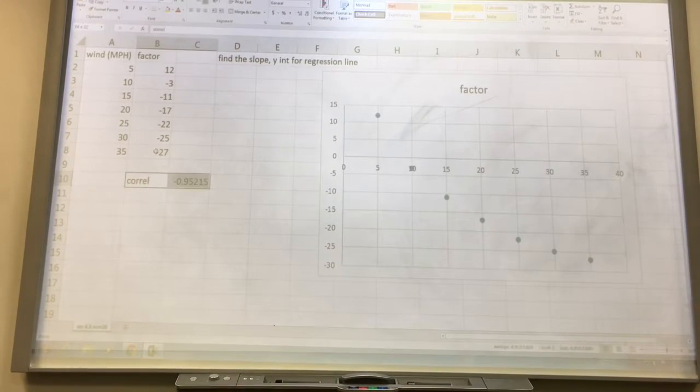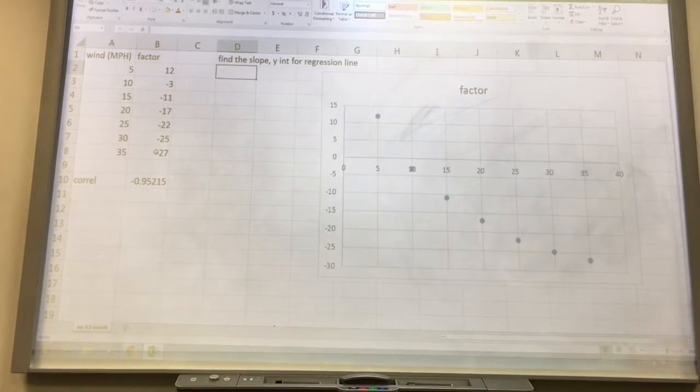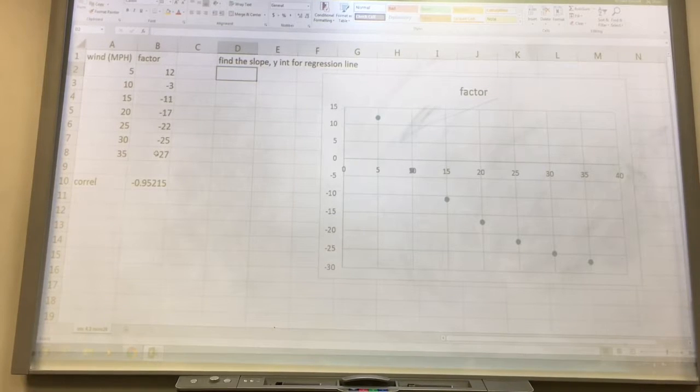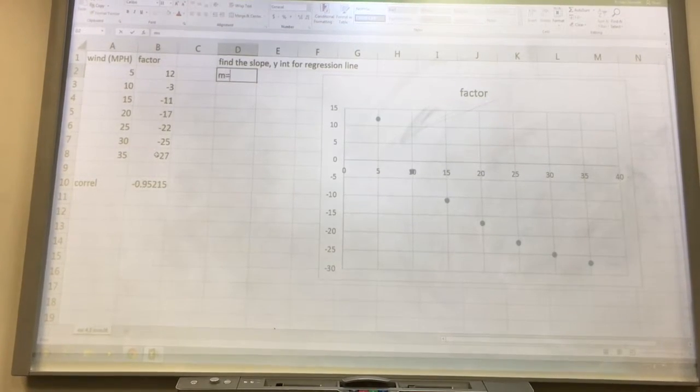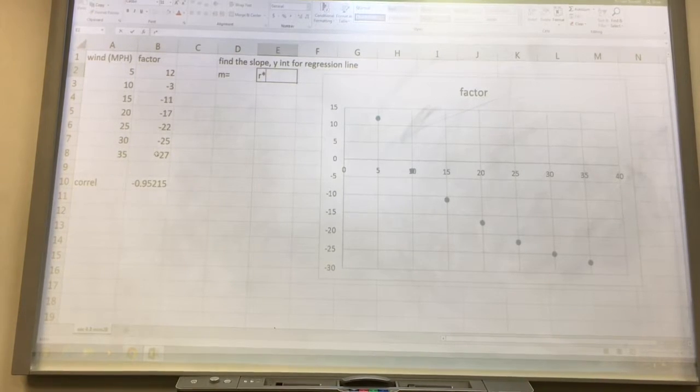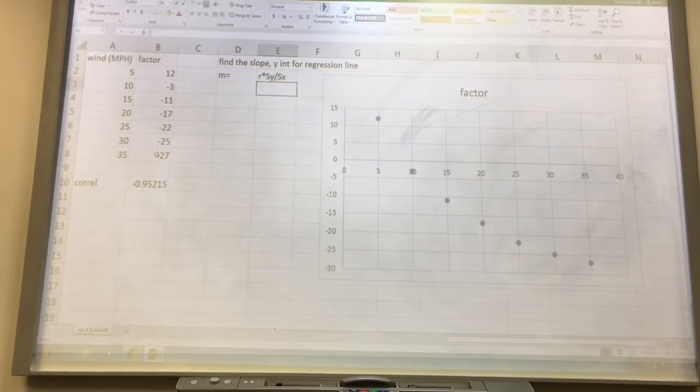Now, according to my formulas, how do I find my slope? R times the standard deviation of y divided by the standard deviation of x. So I find my R, and I also need to find my standard deviations, right?